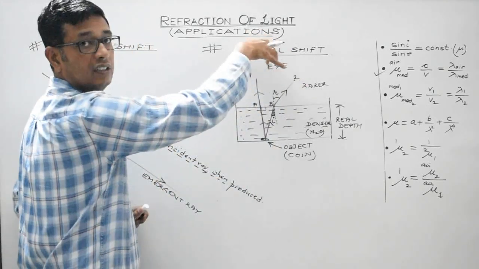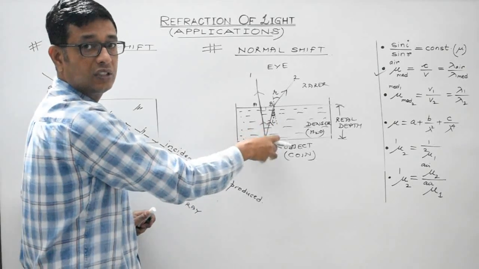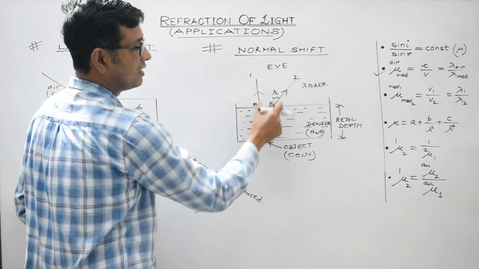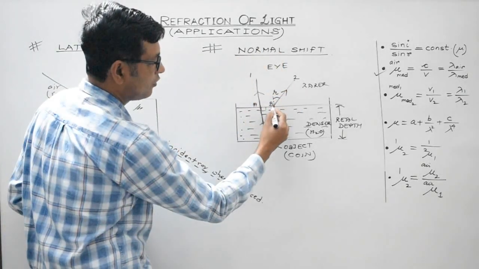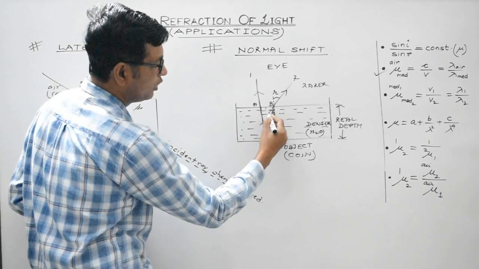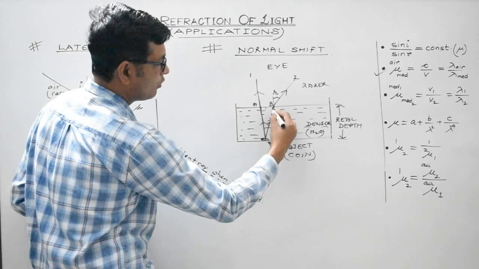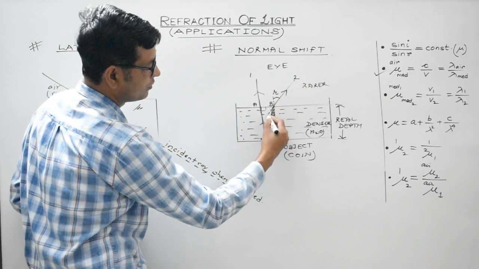Suppose the observer is here and intends to see this point. When these two rays enter the eye, it will appear as if they are coming from a point somewhere over here. Produce them in the backward direction, like this.